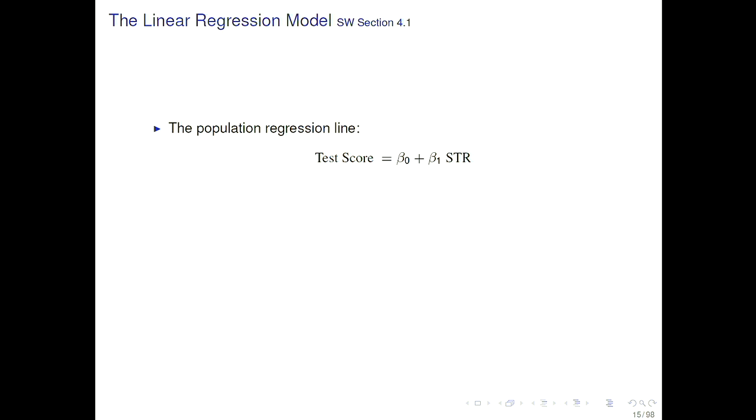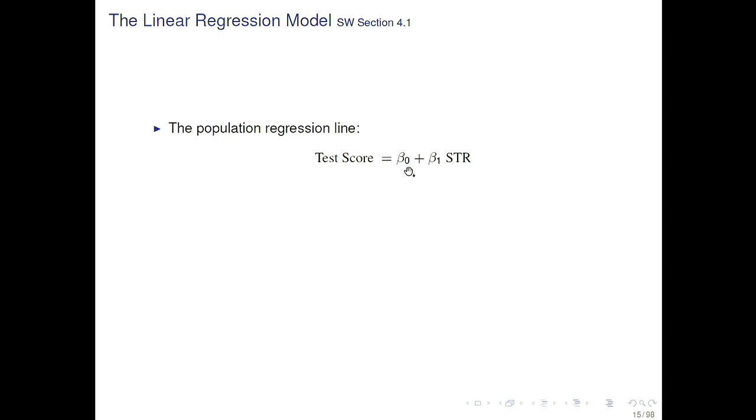Going back to the example of test score, we want to see the effect of STR. What was STR? Student-teacher ratio. This is the example from California school districts from the last lecture. We want to see the effect of student-teacher ratio on the average test score for year 5 students.